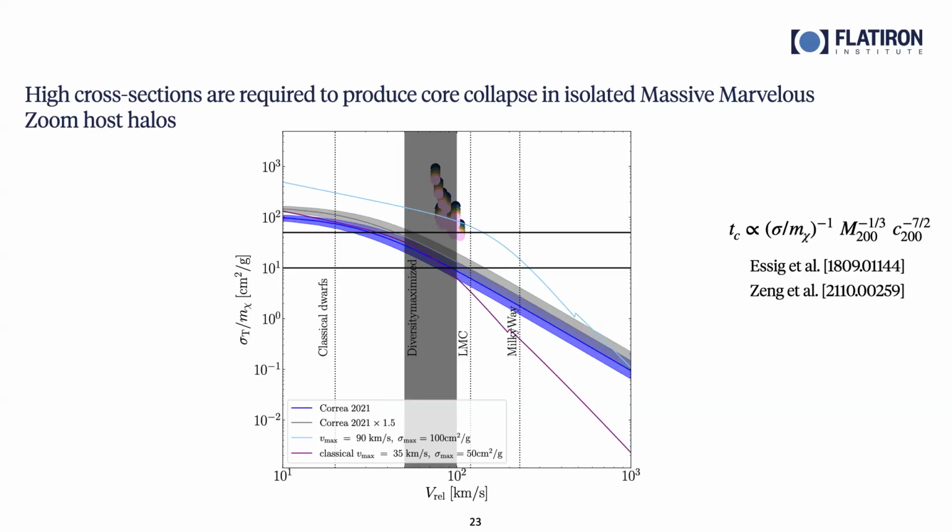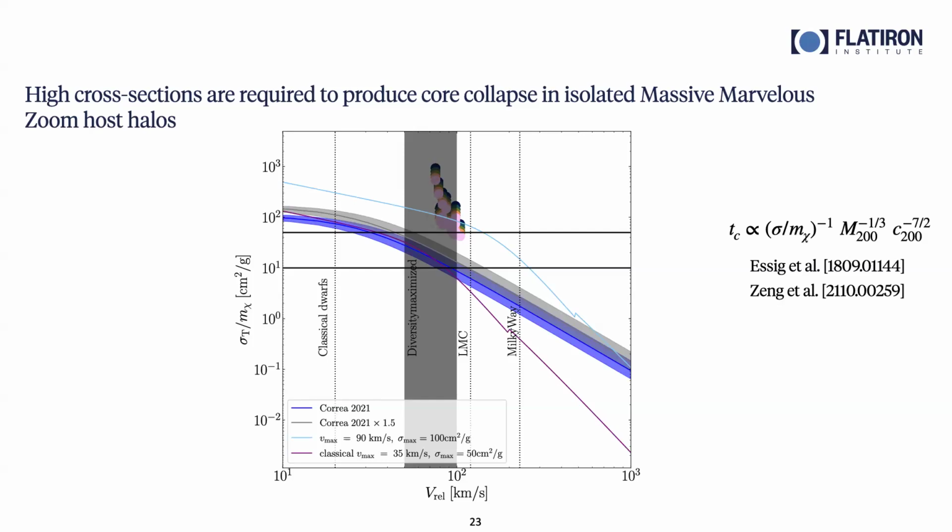Now what I've done to show you where you're going to get core collapse is I said that the core collapse time depends on the mass and the concentration of the system as well as the cross section. So I've done fits to my CDM simulations, and I know their M200, and from my fits I calculate what C200 is, and then I say I want the collapse to happen within a Hubble time.